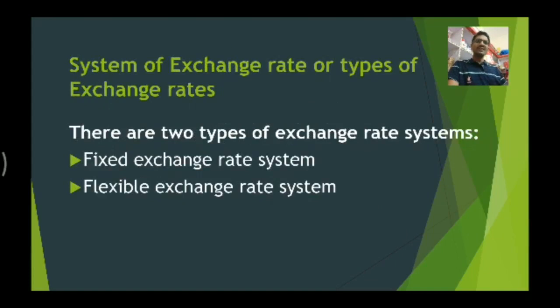Now what are the systems which are working? How are these exchange rates set? Were they the same throughout the century, in the ancient times also, or were they different? So children, in earlier times we had gold coins. So gold, whether it is minted in India or anywhere else, more or less the value remains the same.